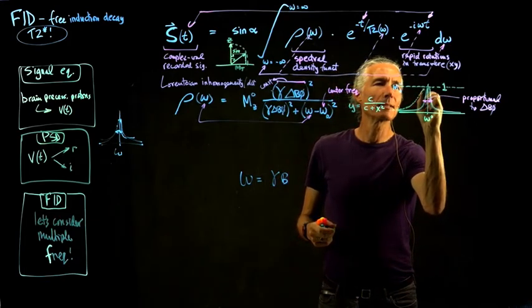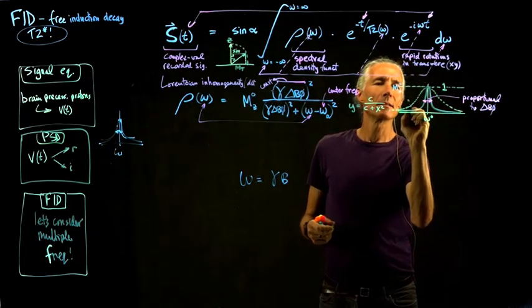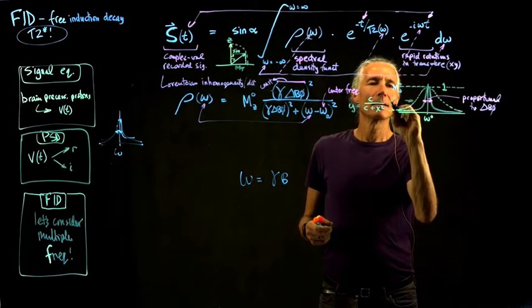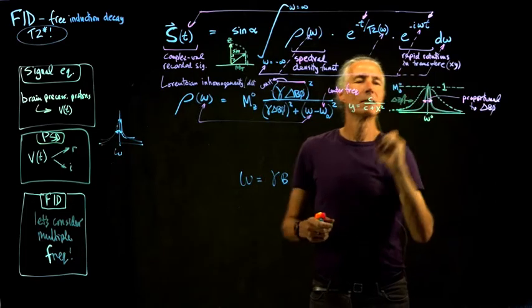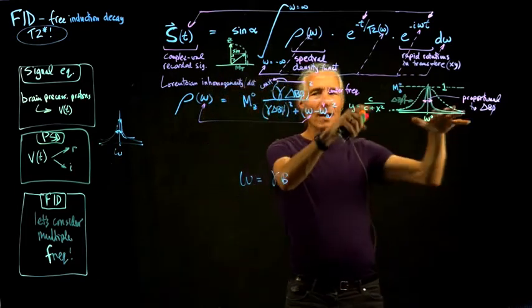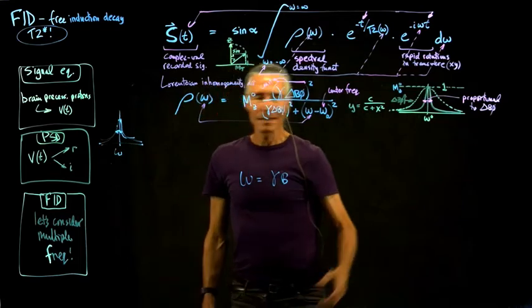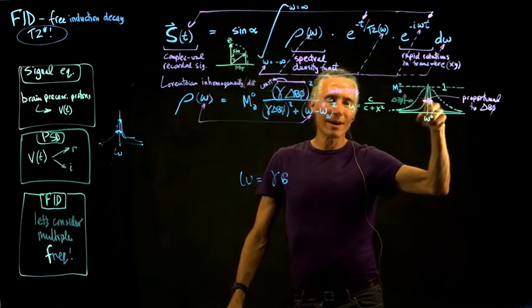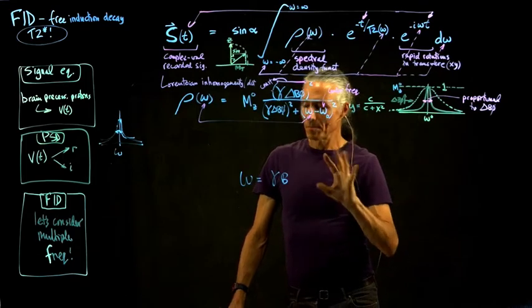It'll still go up to the same point. So if we make delta B0 bigger, it'll just widen out the distribution. Notice what that means: there's more frequencies in, there's more area under the curve. That will be important later.